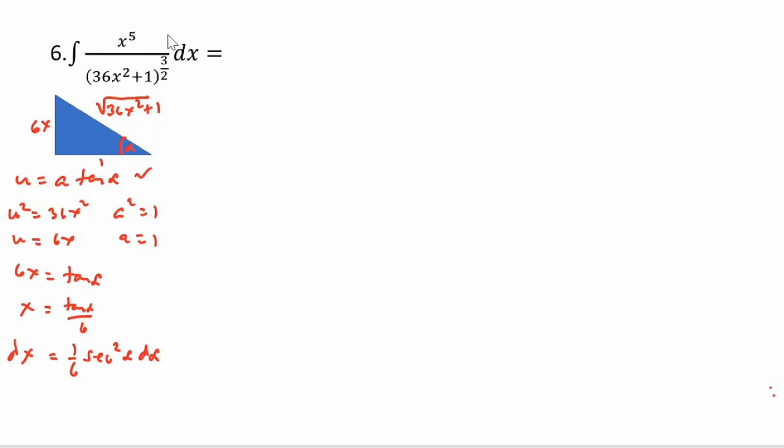Now we can rewrite the given, replacing the values of x and dx in terms of alpha. The x means tangent alpha over 6.